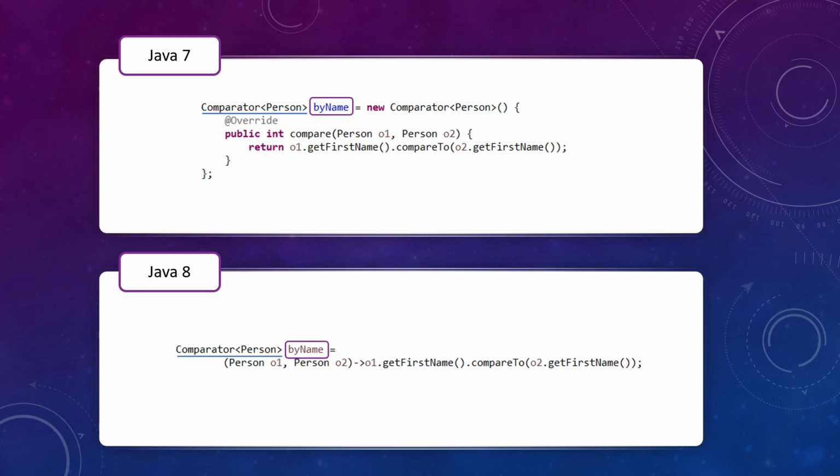And then we have the parameters, Person o1, Person o2, which would look like this in Java 8. We don't have to type in the method name anymore. And then finally the body. No need for the return statement, just type it in directly.